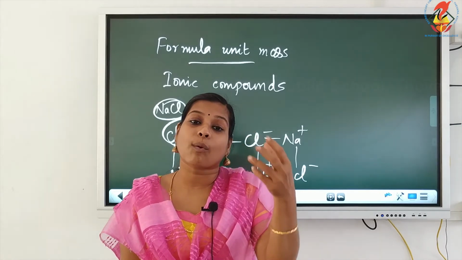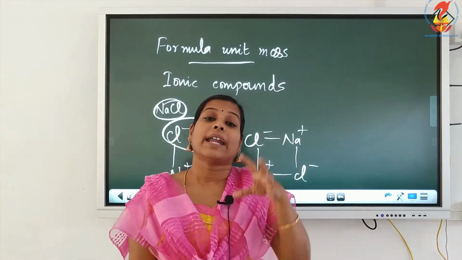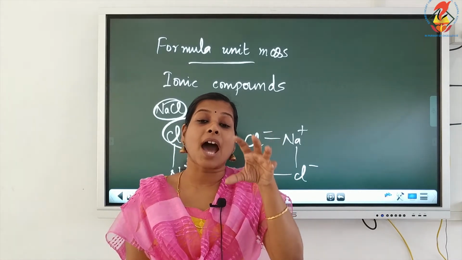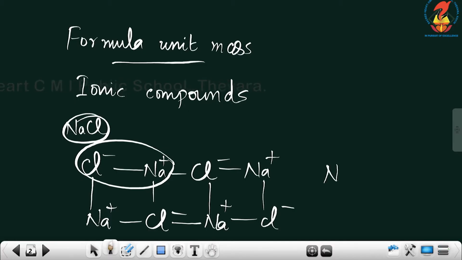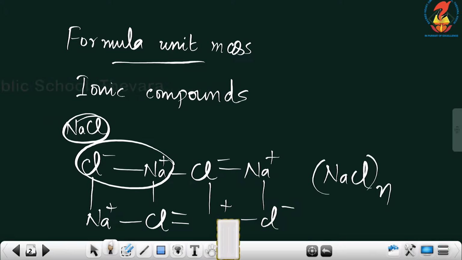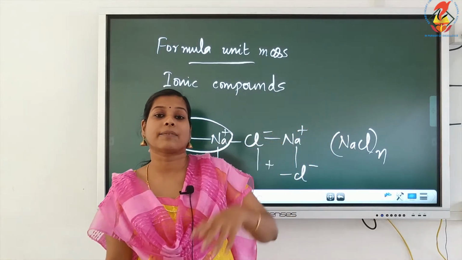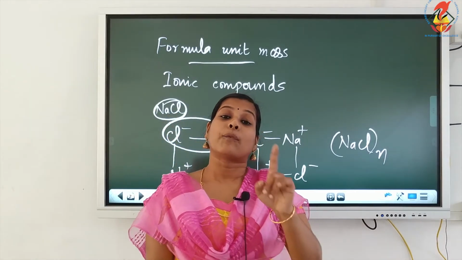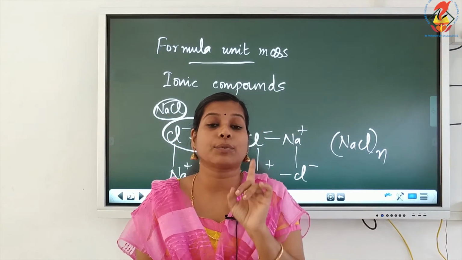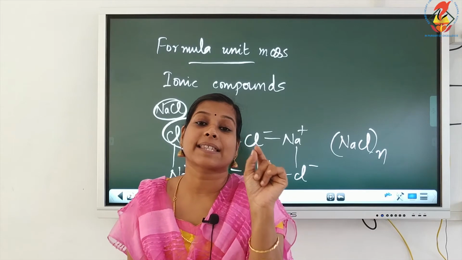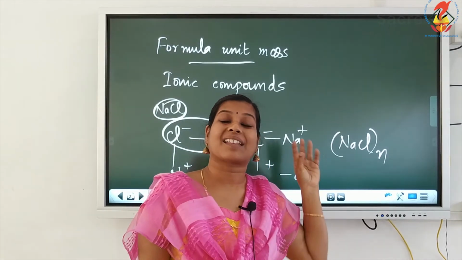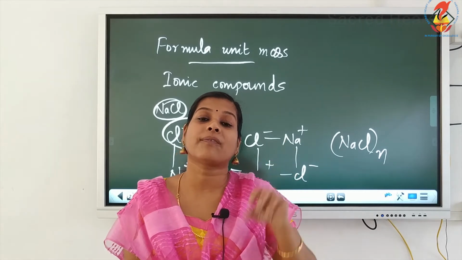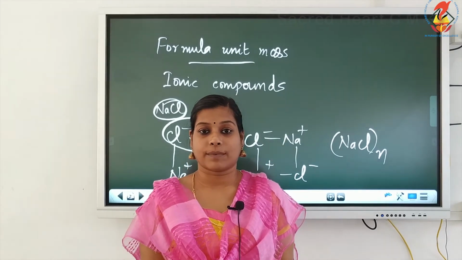When we take a crystal, a large number of Na and Cl atoms are combined. So we cannot take one NaCl as a single molecule; what we take is a cluster of a large number of atoms.